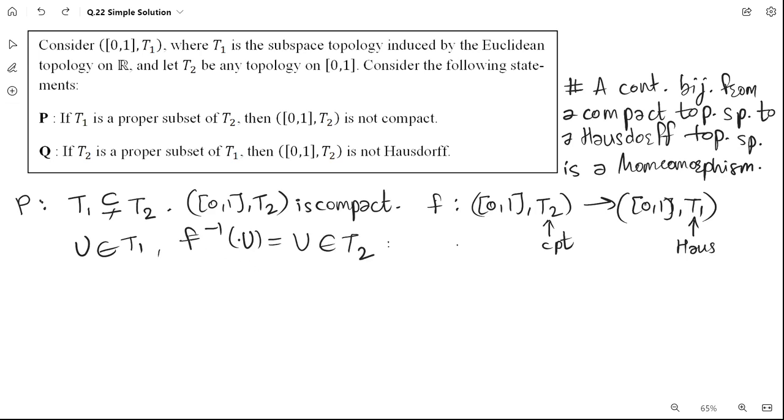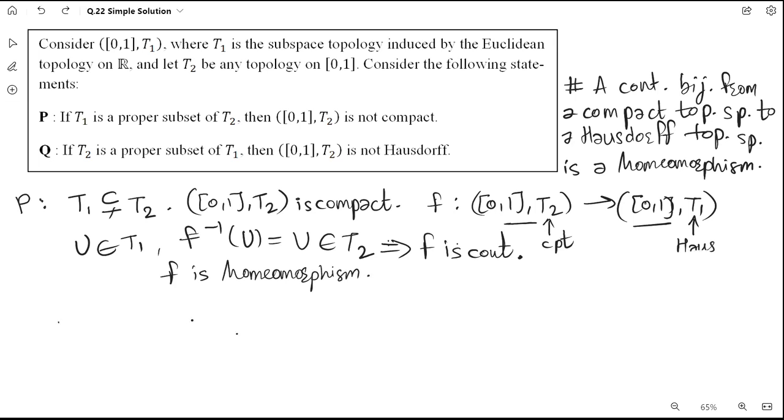So F inverse of U is open. Therefore, F is continuous. So now we have a continuous bijection from a compact space to a Hausdorff space. So by using this theorem, F is a homeomorphism.